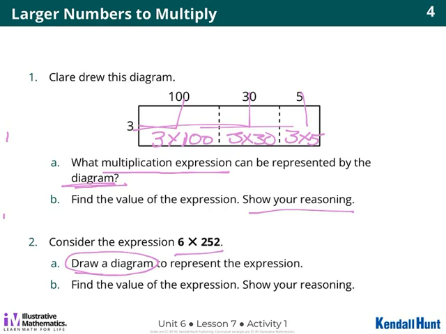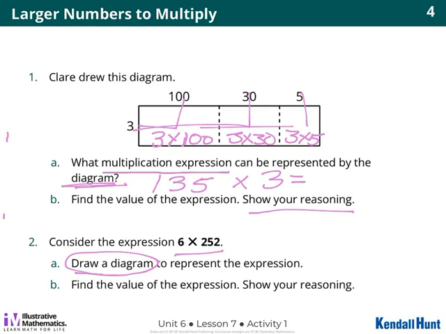When we're talking about the entire diagram, what is the expression that it's showing? Hadley? 135 times 3. Yes. Oops, I'm writing it in the wrong spot. Right after I was telling you guys. 135 times 3. Could you also say 3 times 135? Yes. All right, you could.